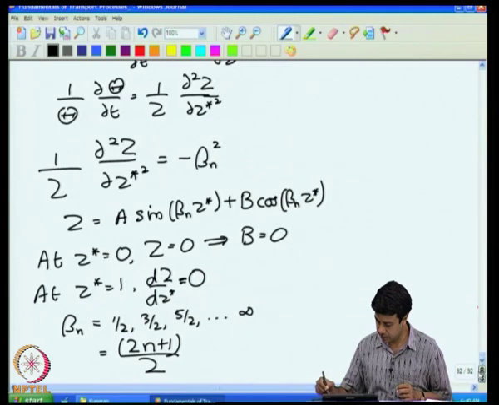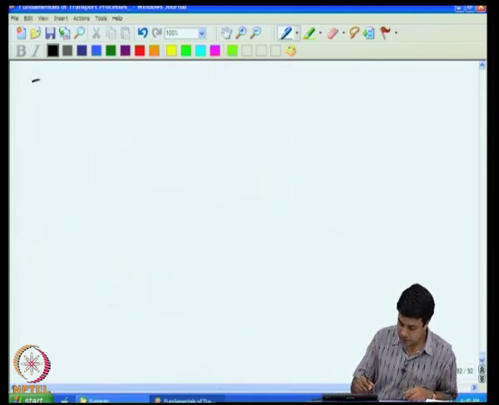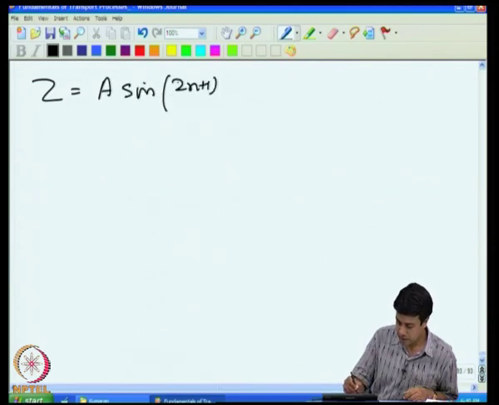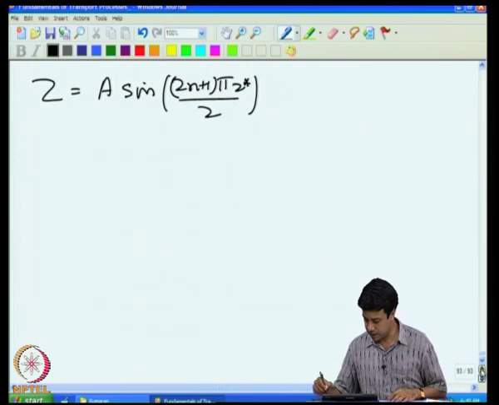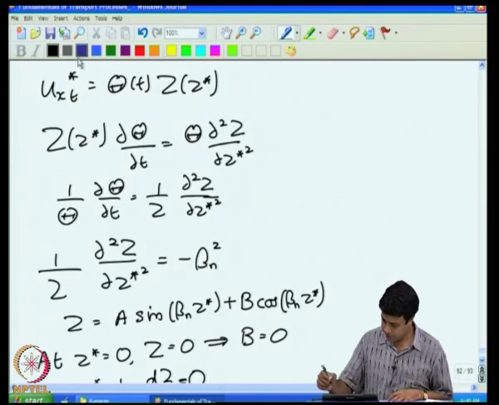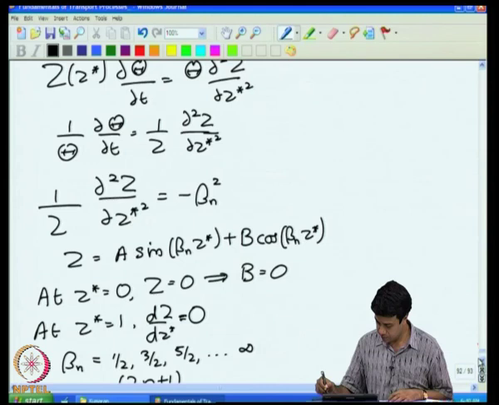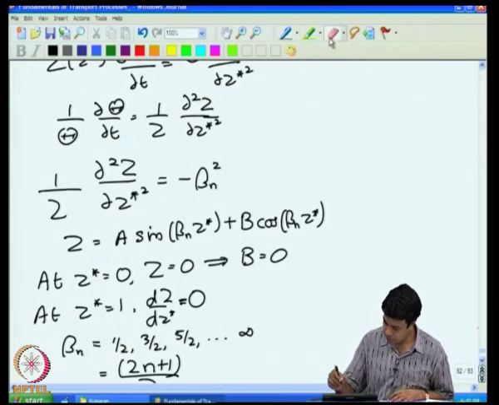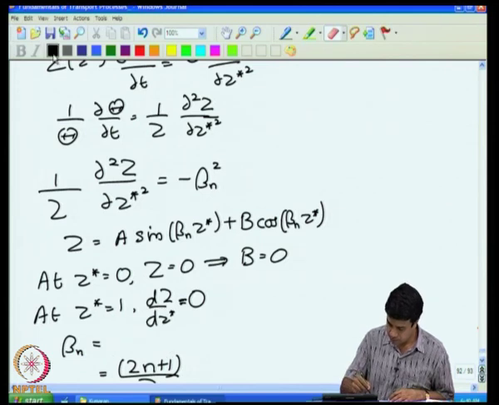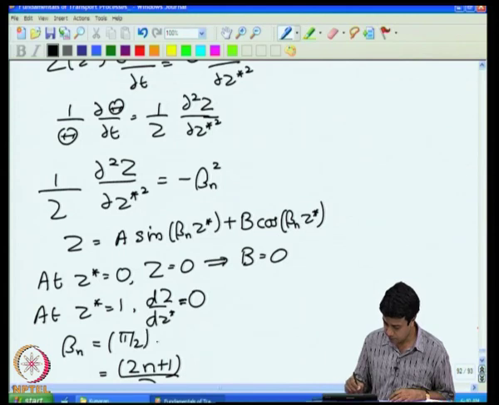Therefore, my solution for the function Z is a sine of 2n plus 1 pi z star by 2. I made a mistake in the previous one. This should be pi by 2.